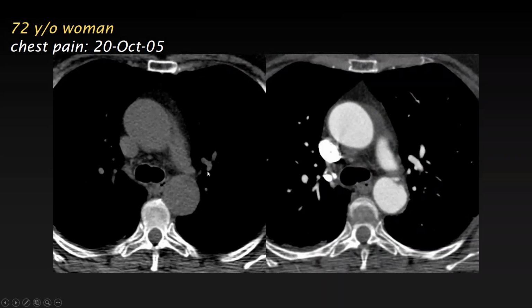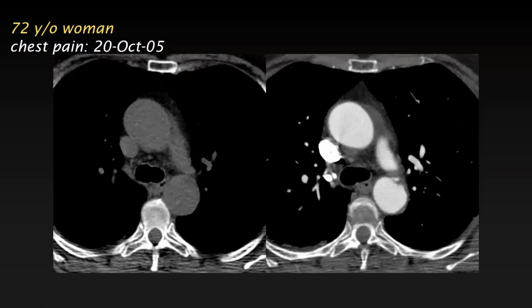Now let me go again through a couple of examples to practice that. Again, keep in mind, acute aortic syndrome or acute penetrating atherosclerotic ulcer requires symptoms and/or fresh intramural blood. Okay, let's start with this patient here.